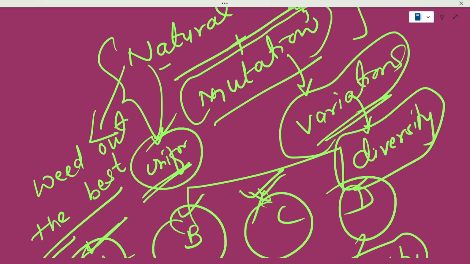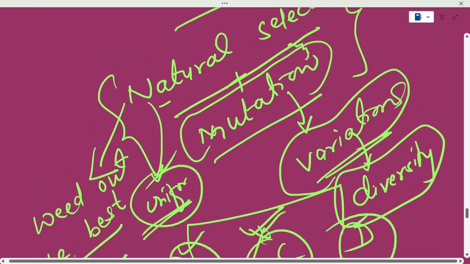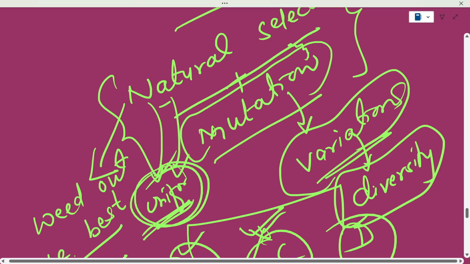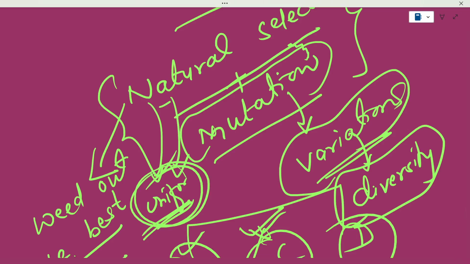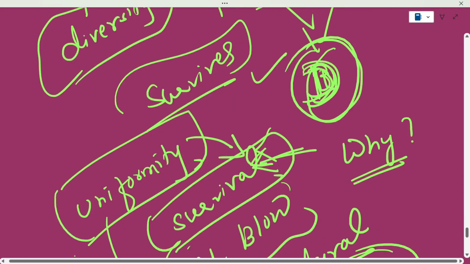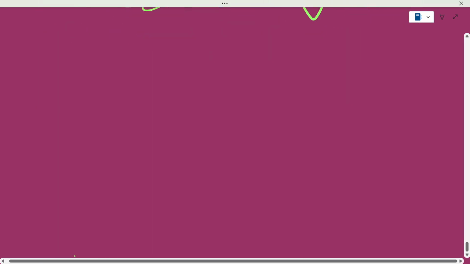So यहाँ पे आप दो processes देख सकते हैं which are going on simultaneously. First, natural selection is trying to bring about uniformity, and at the same time there are mutation forces trying to bring in variations and diversity, and दोनों go hand in hand. Now again, to the Hardy-Weinberg law.